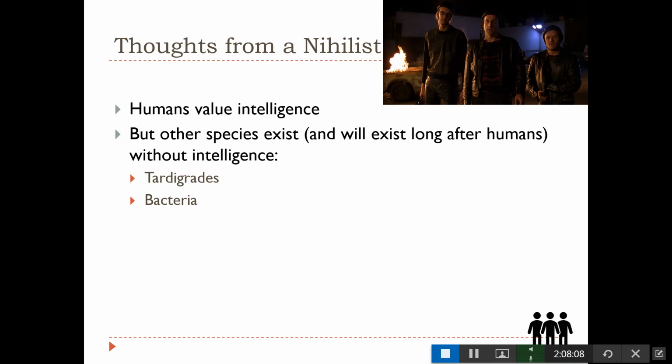So tardigrades, also known as water bears, are highly skilled survivalists, but you know, they don't have the intelligence that we so much prize. Same thing with bacteria. Bacteria grows and it persists and it lives.